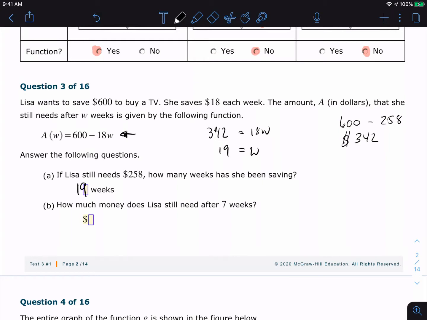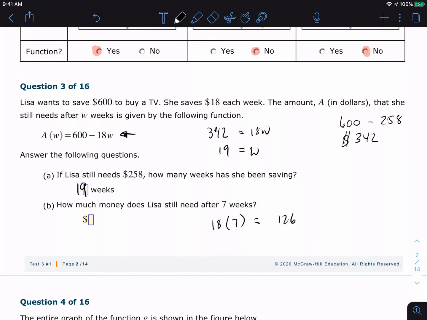Okay, now it says, how much money does Lisa still need after 7 weeks? So that means that for 7 weeks she's been putting money away, right? So that means if she's putting $18 away, and she's going to do that for 7 weeks, it's going to be 18 times 7, which will be $126, right?